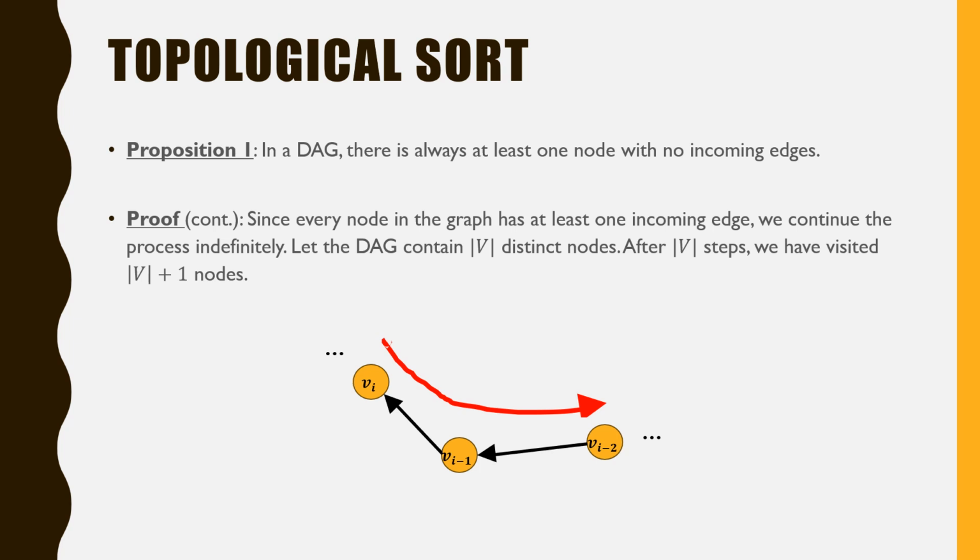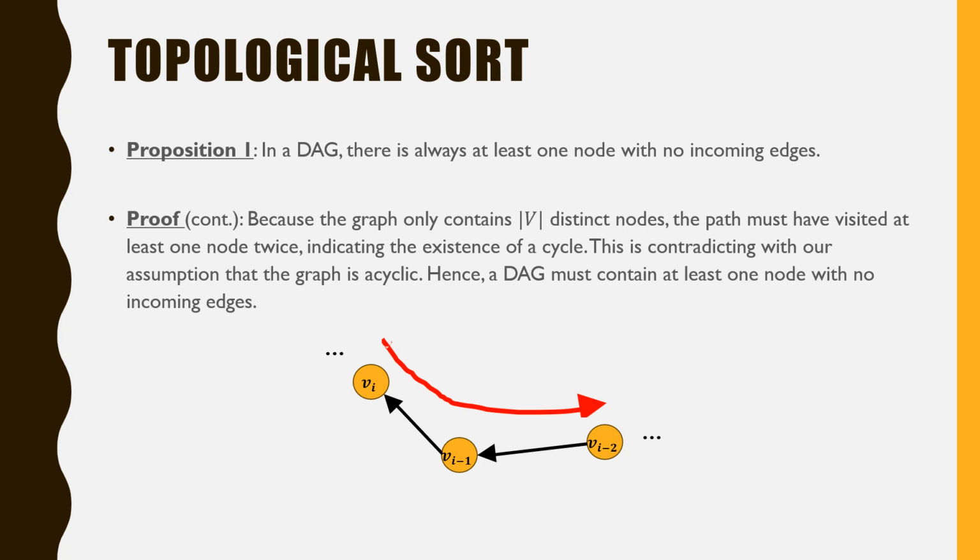Let the DAG contain V distinct nodes. After V steps, we have visited V+1 nodes. Since the DAG contains only V distinct nodes, but we have visited V+1 nodes, we must have visited at least one node twice.